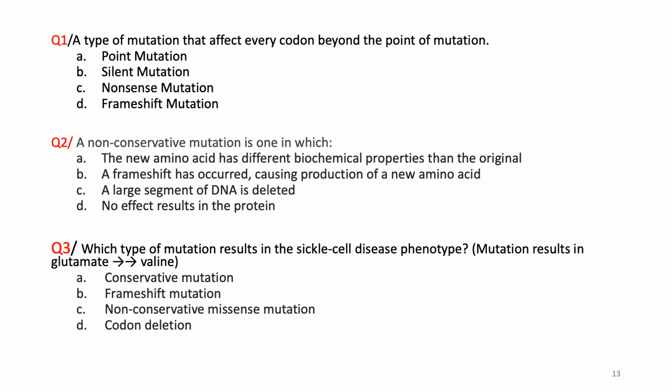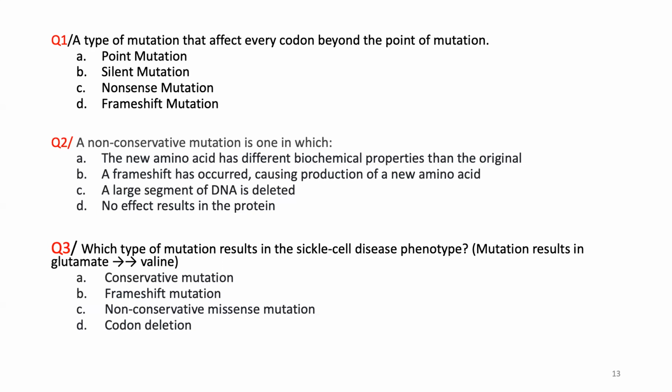I'm telling you, it's glutamate to valine, so you need to consider their properties. Is it conservative mutation, frame shift? I would say it's non-conservative missense mutation. It's not nonsense because no stop codon has been generated.